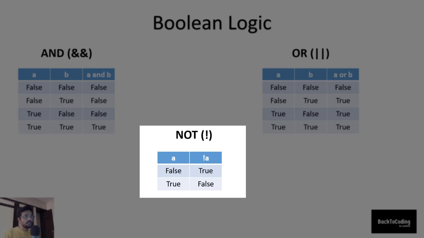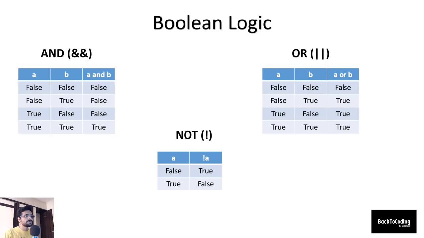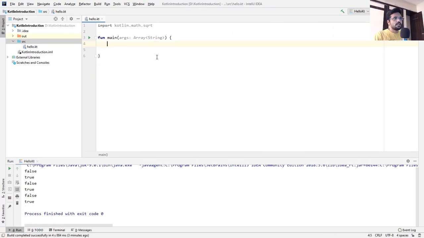And NOT logic is just the inverse of the current condition. That means the inverse of true is false, and for false it's true. Let's see them practically. First, let's see the AND condition.